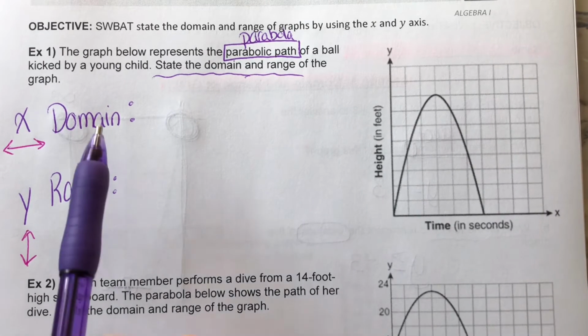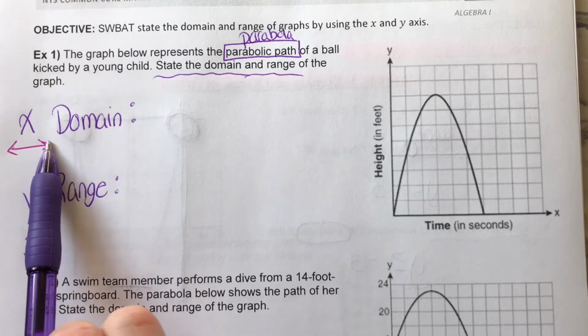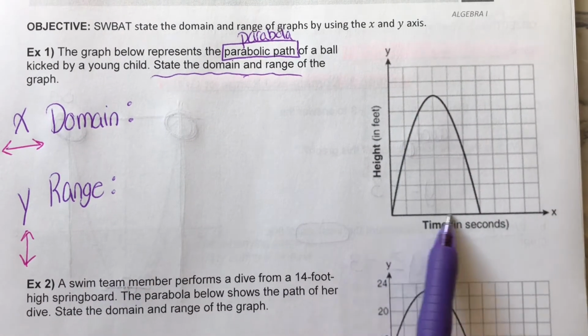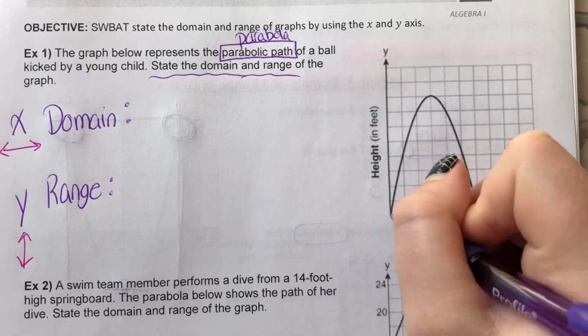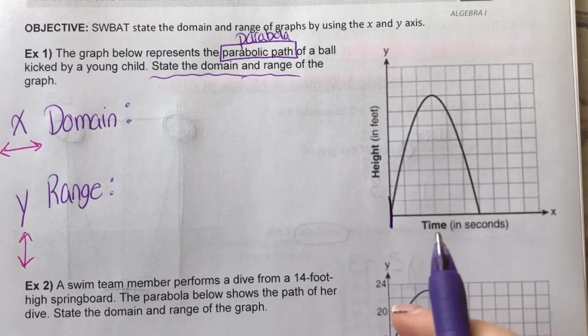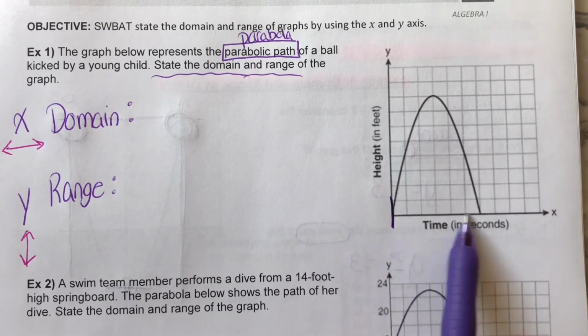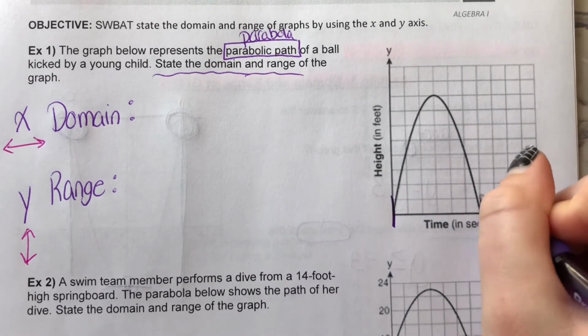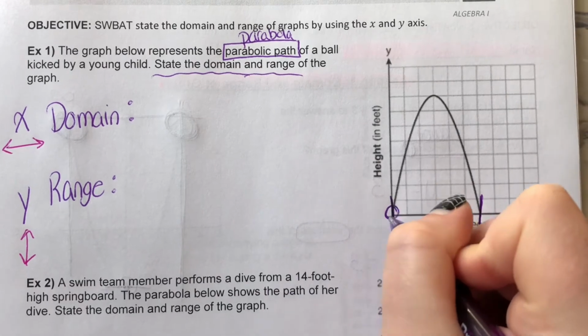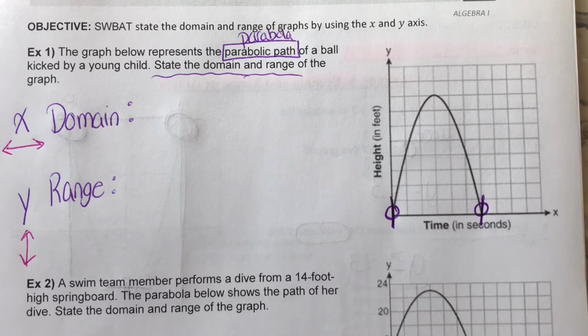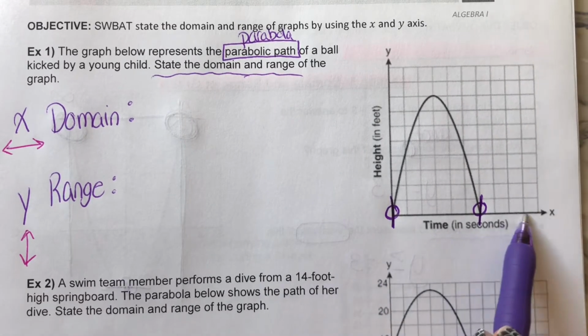So I know that domain moves left to right. So I'm going to look on this graph. What's my point that's plotted all the way to the left? And I can see it's right here. And what's the point on my graph that's all the way to the right? And I can see that's right here. Domain is X. I'm only looking at my X values right now.